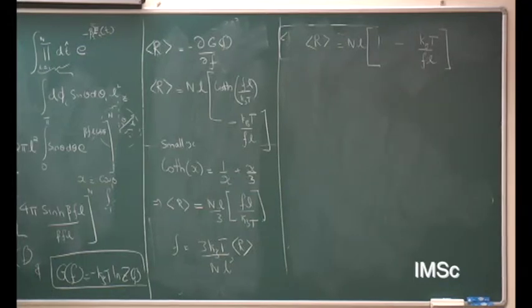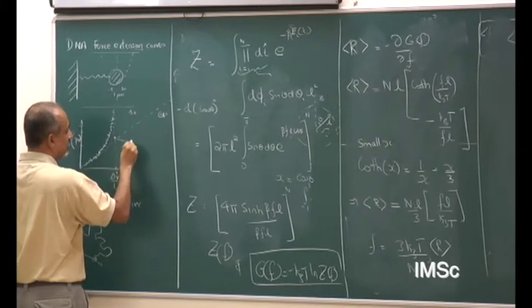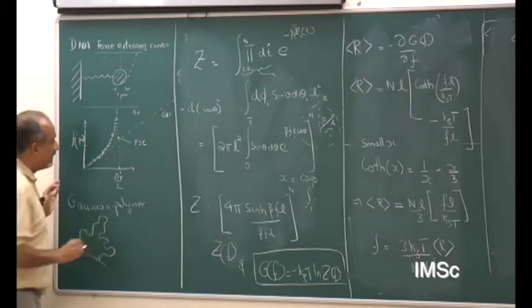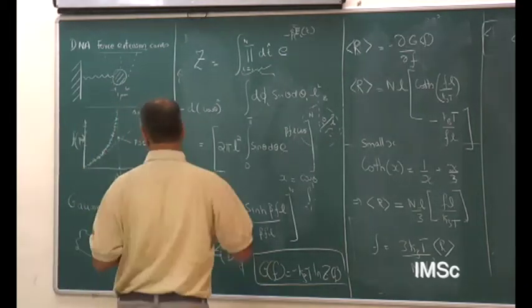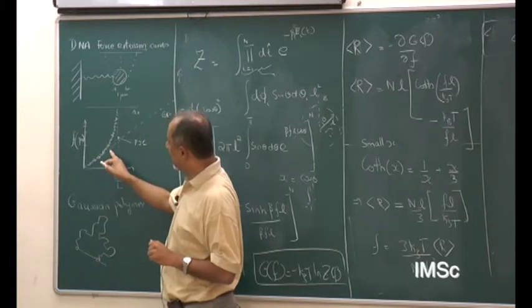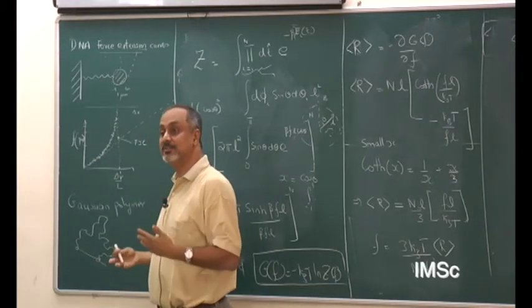Okay. So now we have looked at the Gaussian polymer case. Over here we have looked at the freely jointed chain case, but that's still not what the data is doing. The data is doing something different. So let us think a little bit about what it is doing. First of all, notice that this curve always lies above these two other curves that I have drawn, which means there must be some other source of energy.